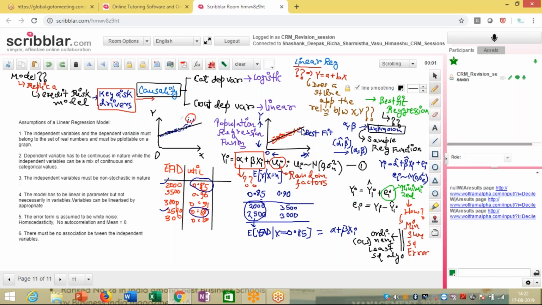If I'm trying to predict my EAD, I'm trying to develop a model. I'm trying to build out those representative characteristics which become essential in determining the exposure at default for a bank. If I'm trying to predict the loss given default, I'm trying to identify those factors which are representative in defining the loss given default.